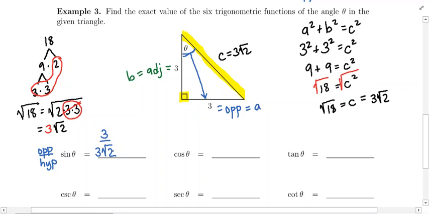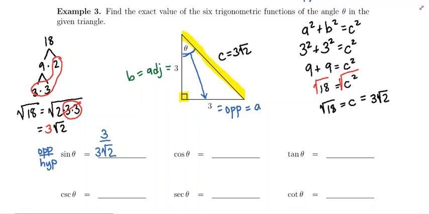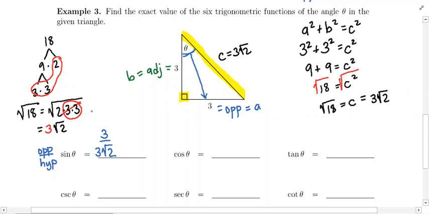This can actually simplify here. Yes, you have a square root in the denominator, so you are going to have to rationalize, but you can simplify before you do that. We have a 3 in the top and a 3 in the bottom, so they cancel, and this leaves us with 1 over the square root of 2.